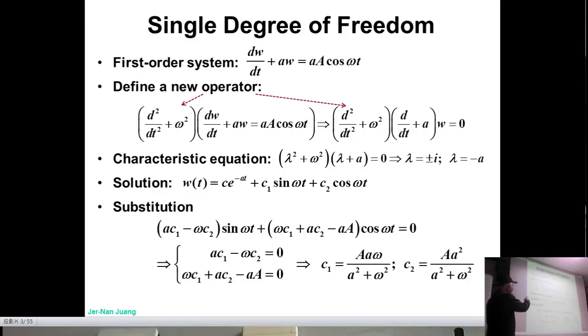Agree? C1 and C2 do not depend on the initial condition at all. They depend on your input. That's a particular solution. That comes from the particular solution.